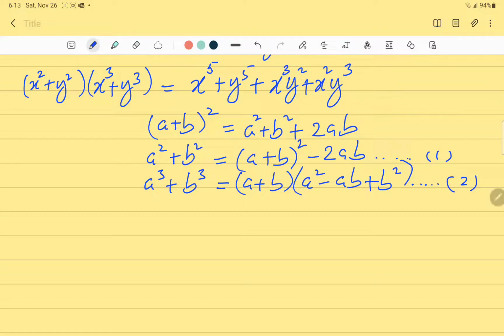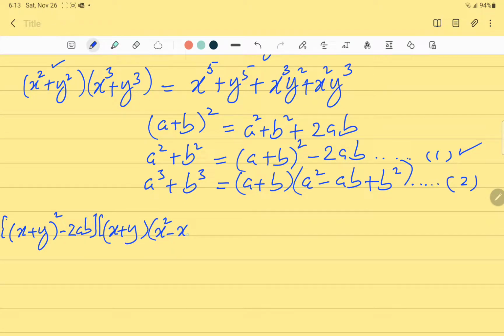Now instead of this x squared plus y squared, using formula number 1, we can write (x plus y) squared minus 2xy, and then instead of x cube plus y cube we can write (x plus y) into (x squared minus xy plus y squared).